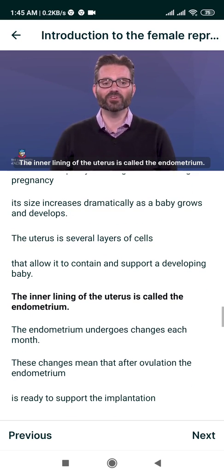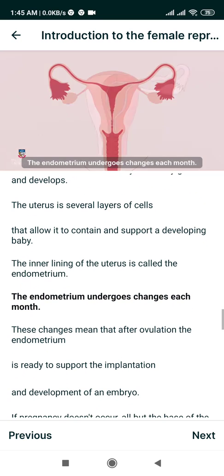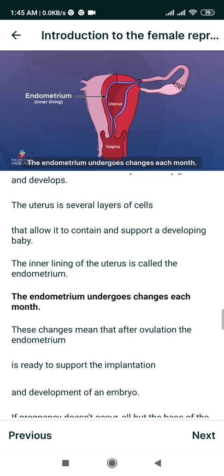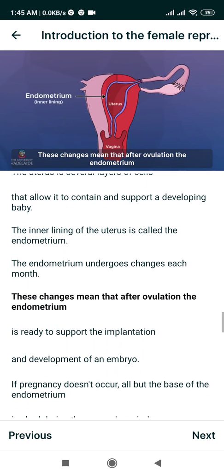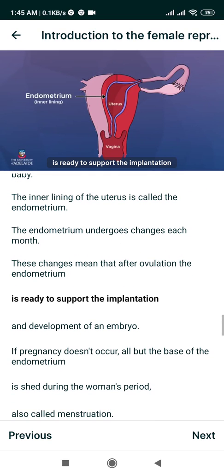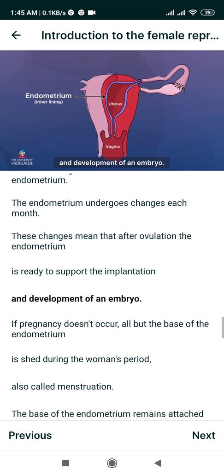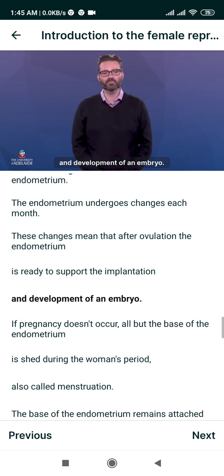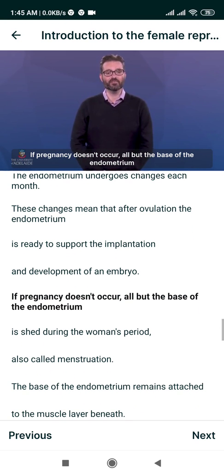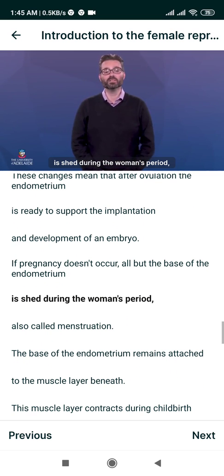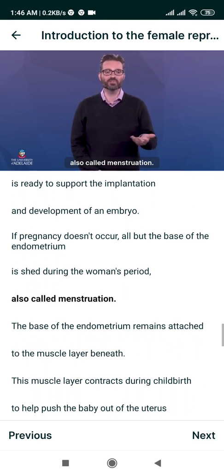The inner lining of the uterus is called the endometrium. The endometrium undergoes changes each month. These changes mean that after ovulation, the endometrium is ready to support the implantation and development of an embryo. If pregnancy doesn't occur, all but the base of the endometrium is shed during the woman's period, also called menstruation.